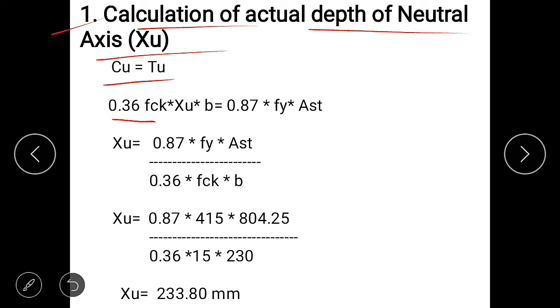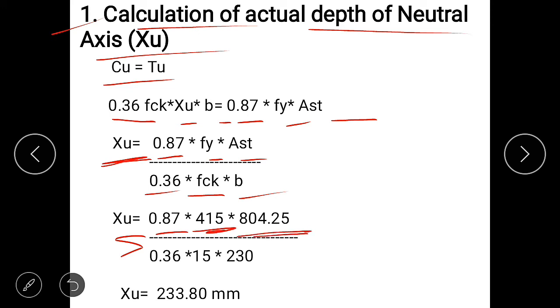Cu is 0.36 FCK Xu into B equals 0.87 Fy into AST. So Xu equals 0.87 Fy AST divided by 0.36 FCK B. Xu equals 0.87 into 415 into 804.25, divided by 0.36 into 15 into 230. So Xu is 233.80.